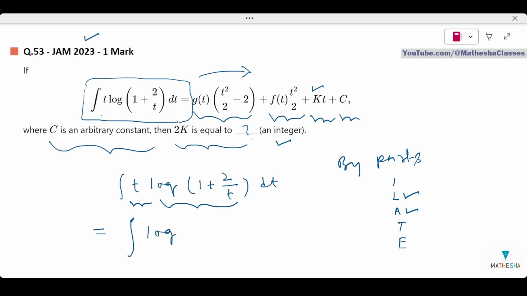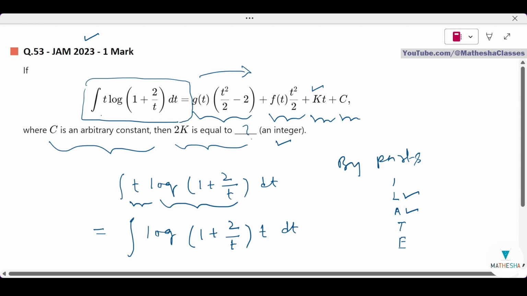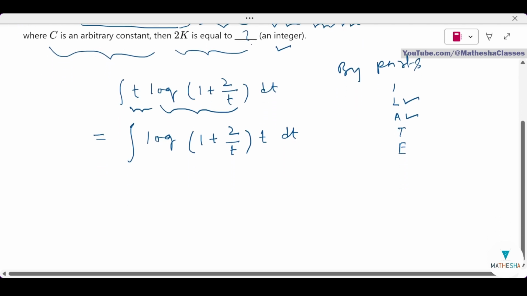So we'll first write log of 1 plus 2 upon t and then write t. Now we'll integrate by parts.